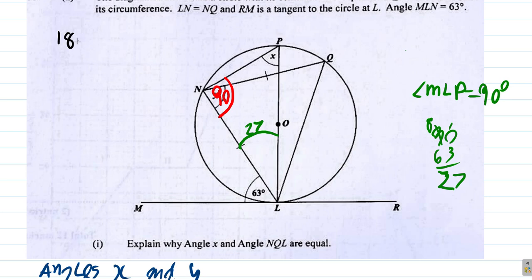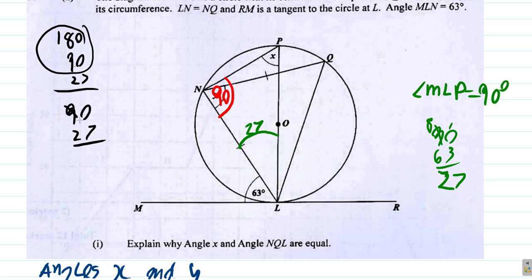Now, here, you want x. So, 180 is the total. The 27 plus 90 plus x is the total. So, you take away 90 and also take away 27 from it. 180 minus 90 is 90. 90 minus 27, borrow 1 from 9, I get 8, 7, 8, 9, 10, 3. This is what? 6?